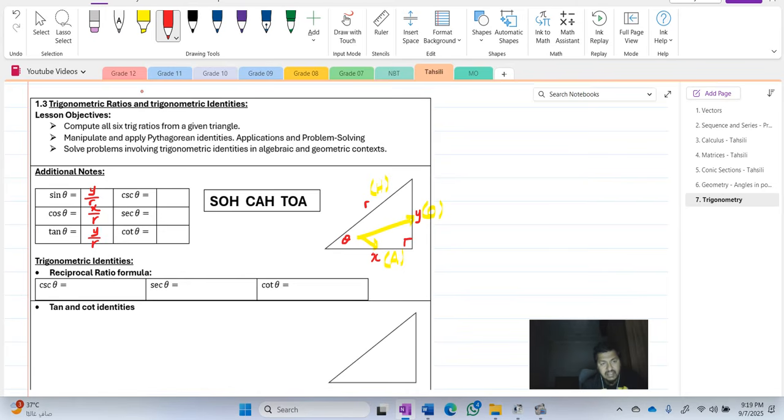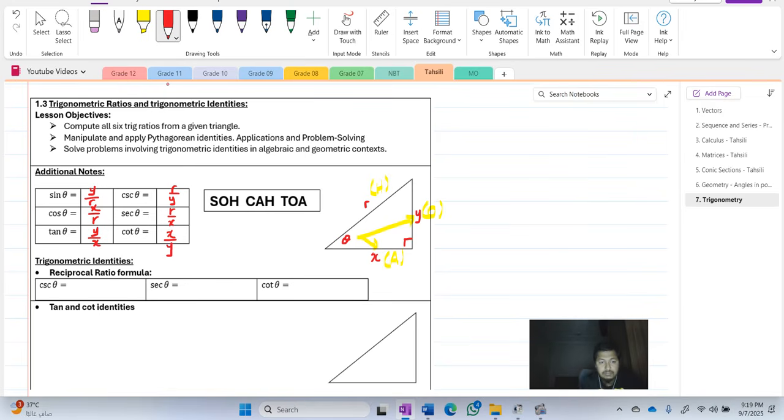Next, cosec is r over y, the reciprocal of sine. Sec is a reciprocal of cos, so it will be r over x, and cot is a reciprocal of tan. Tan should be y over x, opposite over adjacent, so cot, the reciprocal of tan, should be x over y.